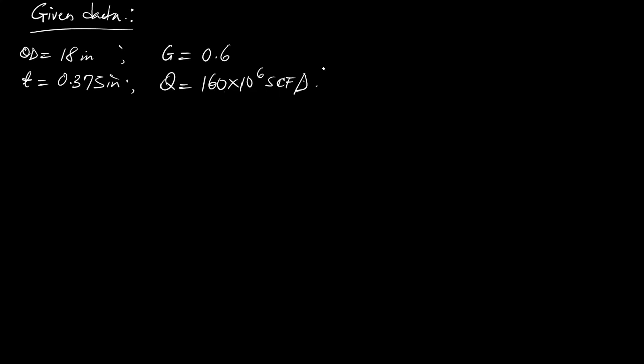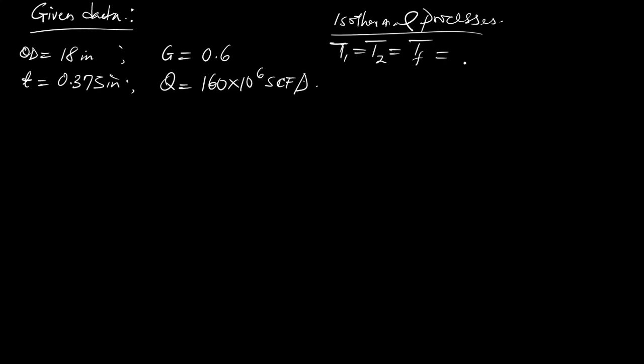Then we are also given the inlet temperature, and since it is an isothermal process, that means T1 is equal to T2 equal to the gas temperature, which is 60 degrees Fahrenheit.